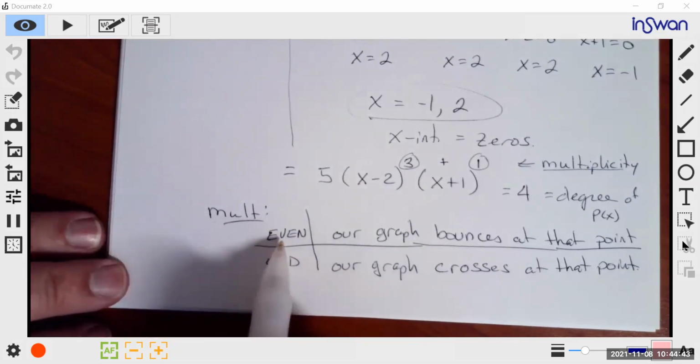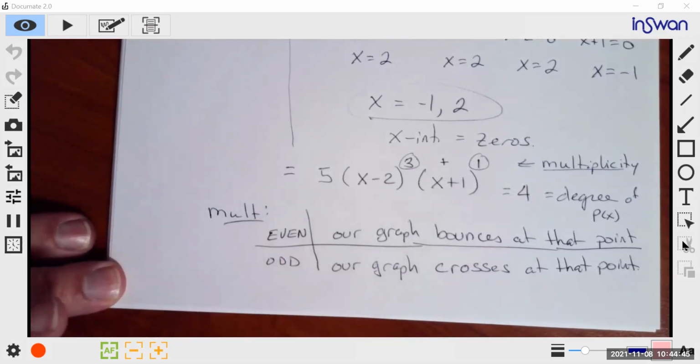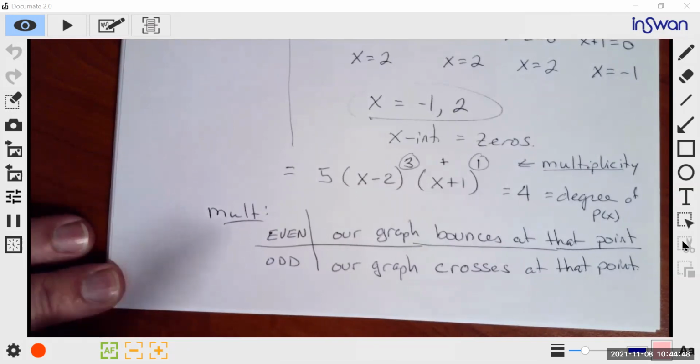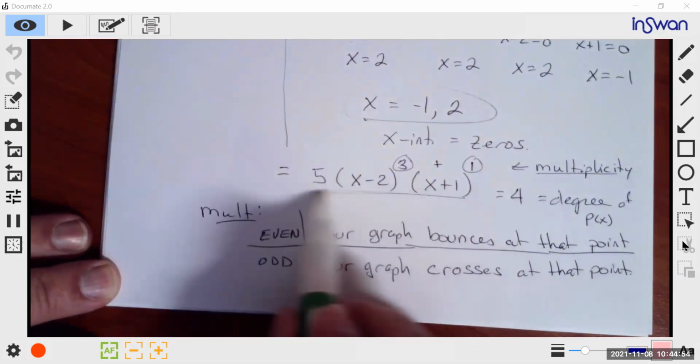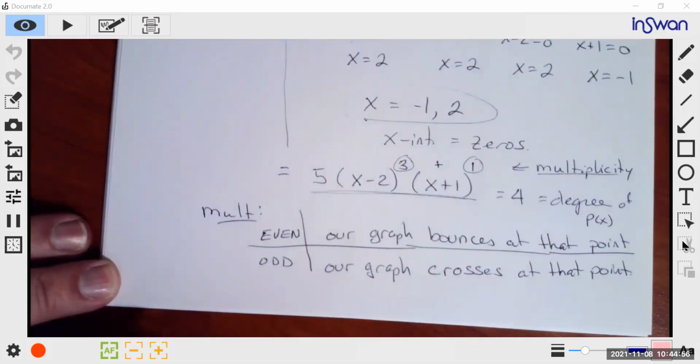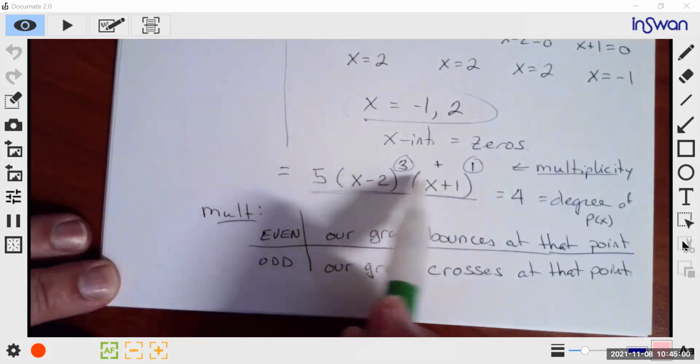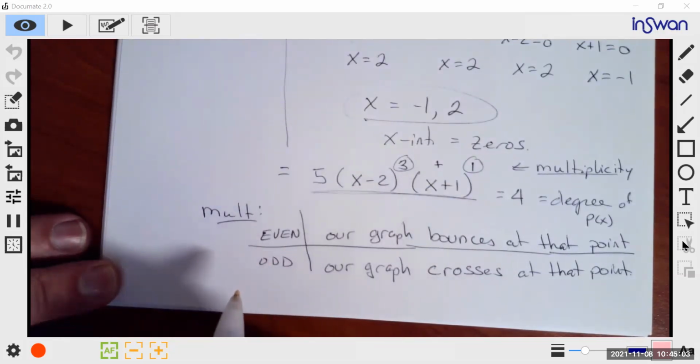If the multiplicity is even, at that point, the graph will bounce off the x-axis. If it's odd, it'll cross through. So if we look at this equation we have here, what's the graph going to do at both of these x-intercepts?